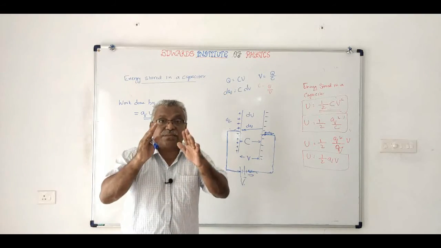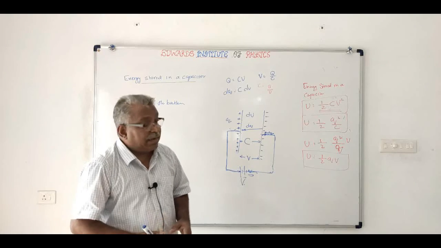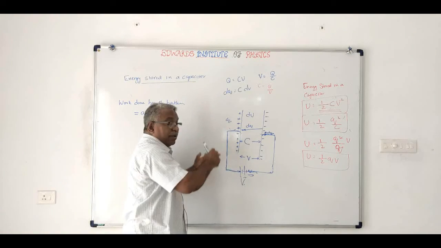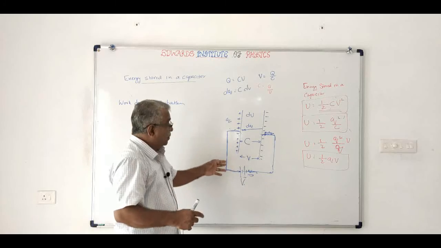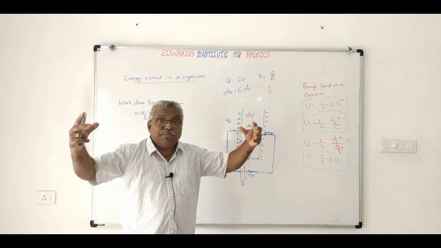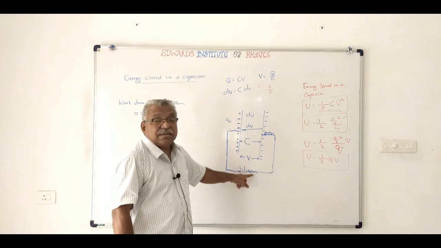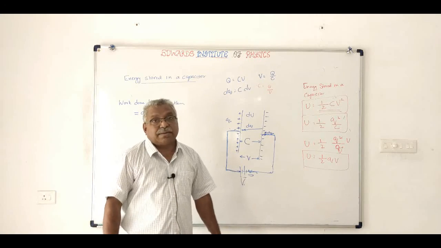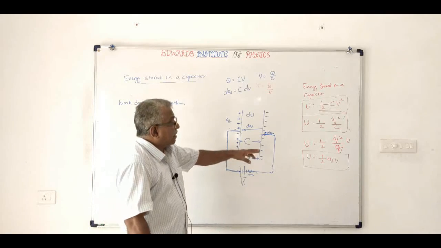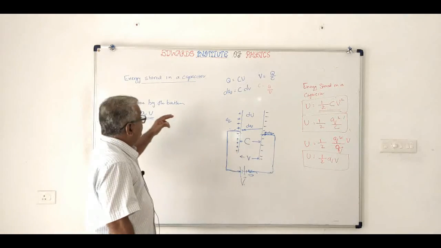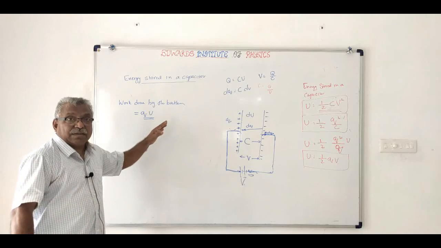Without internal resistance you cannot create a battery. Even if you use big wires in order to avoid the heat loss, energy will be lost in the internal resistance of the battery. That is why the energy is reduced to half of it. Please note down.